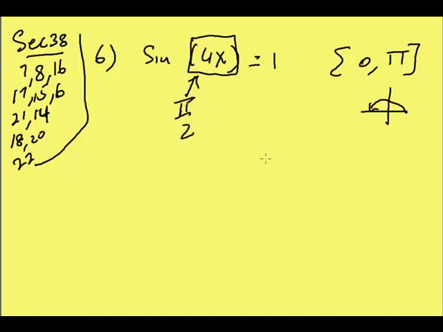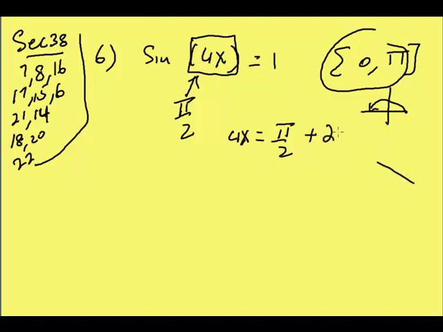Okay, so you're going to set 4x equal to pi over 2 plus or minus. We're not going to do minus because we're going only in the positive direction. Everybody's okay with that? Okay, so let me erase the minus. So plus 2n pi, and my n is equal to 0, 1, 2, and so on and so forth.